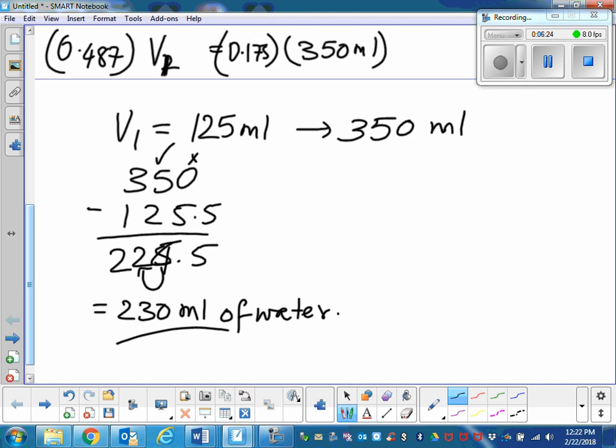If you round it beforehand, it'd be 220. If you were to round it at the end, it'd be 230. At the end, right? Does it make sense? So that would be my final answer for this question. Okay? So let's just stop this recording right here.